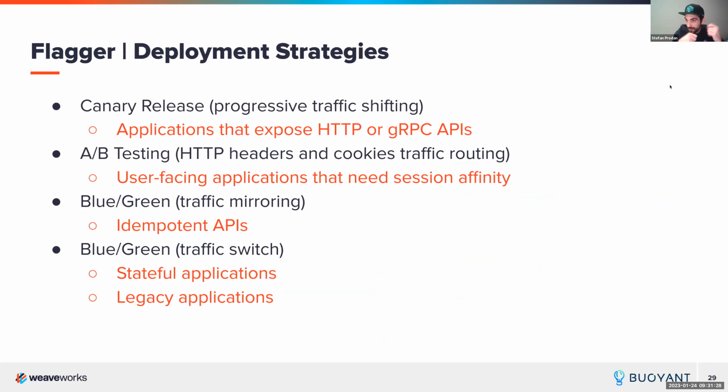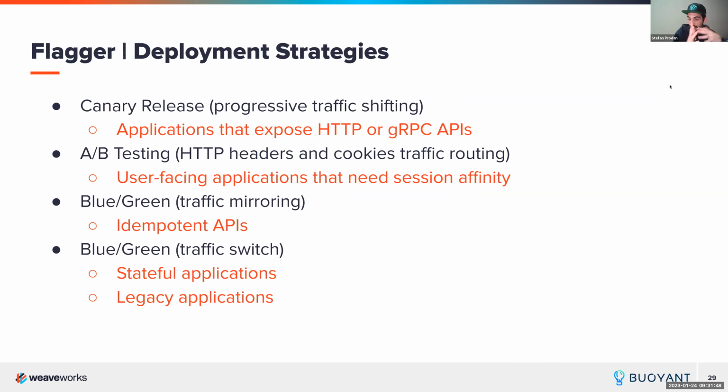Besides the canary release with progressive traffic shifting, Flagger supports other deployment strategies. For example, A/B testing based on HTTP headers and cookies, which are almost required for front-end apps.